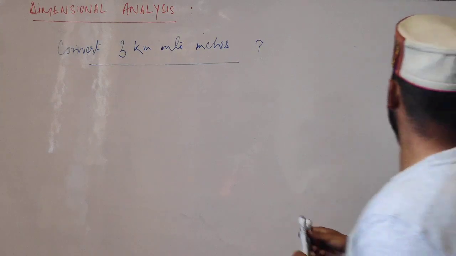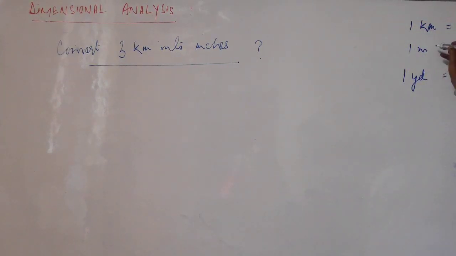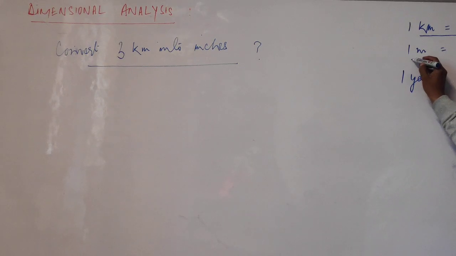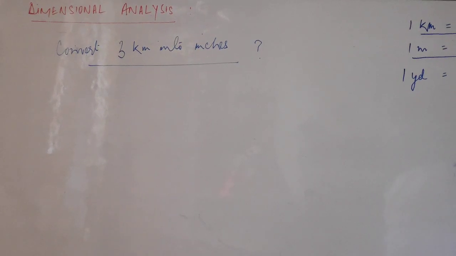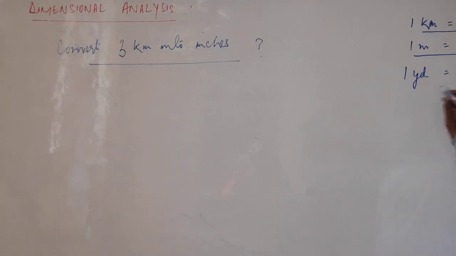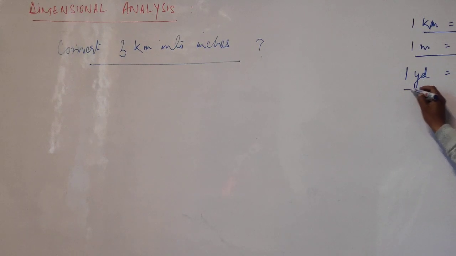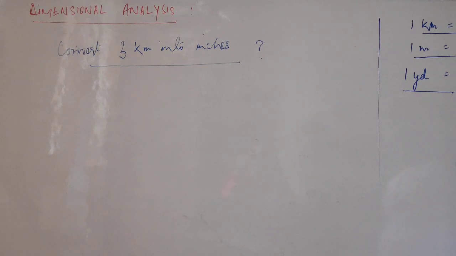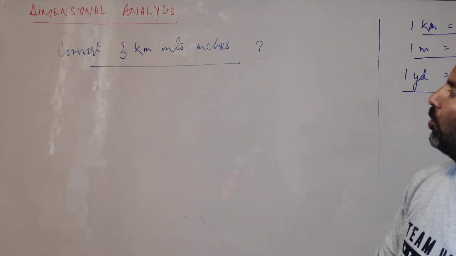And students, it is given that 1 kilometer is 1000 meter and 1 meter is 1.094 yards, and 1 yard is 36 inches. So this is the information which is given.